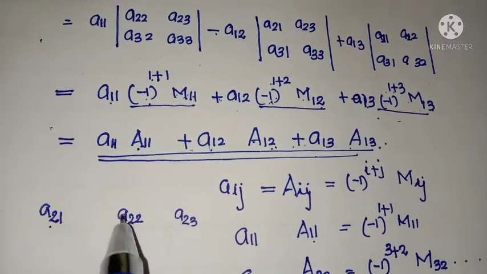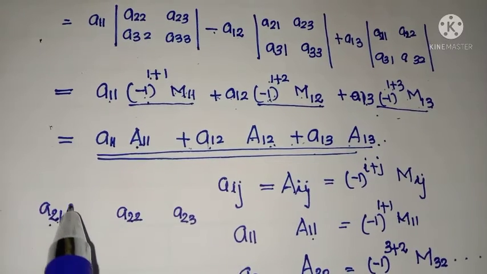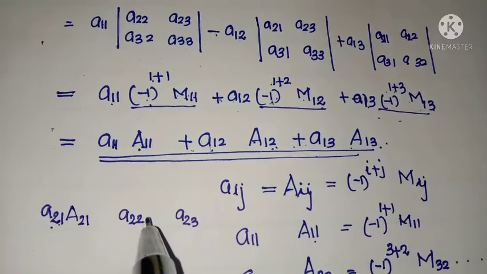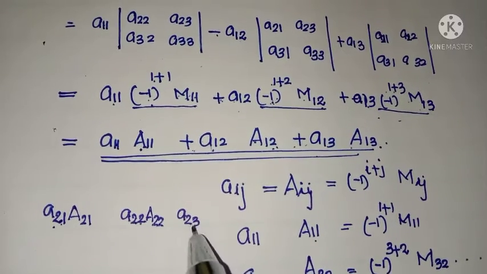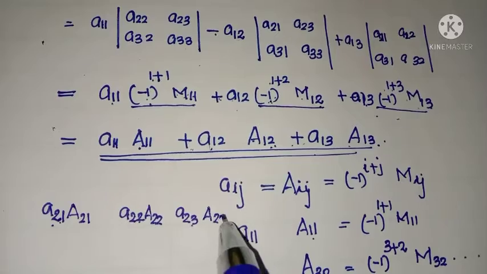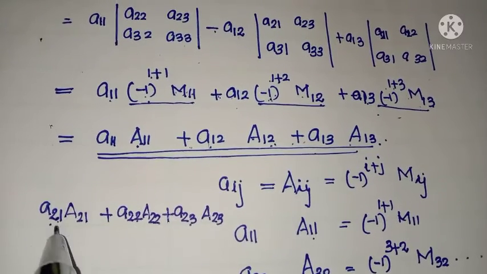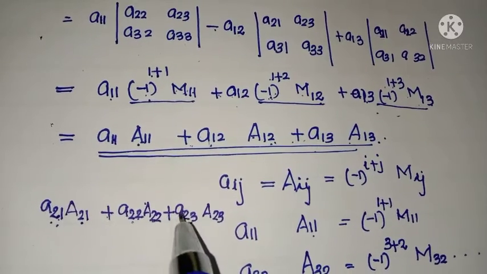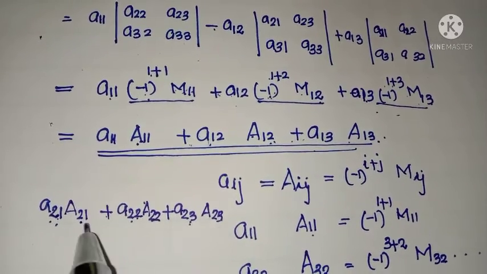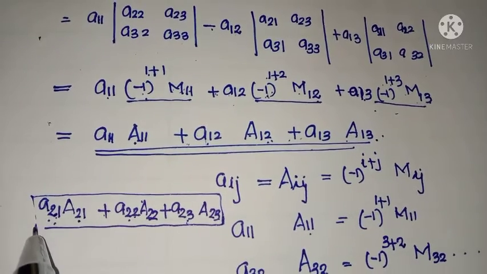So take their cofactors along with these elements. So A21 into capital A21, A22 into capital A22, A23 into capital A23 and consider their sum. So A21 capital A21 plus A22 capital A22 plus A23 capital A23. So this is the value of the given determinant.